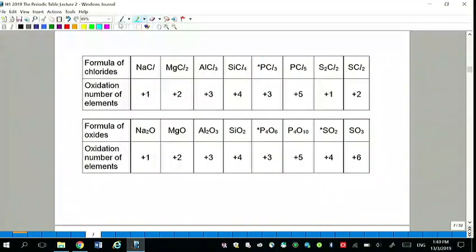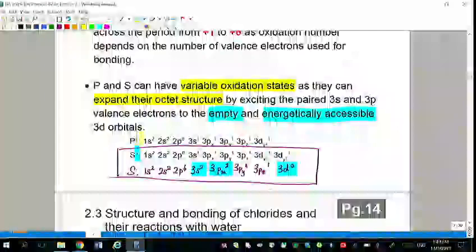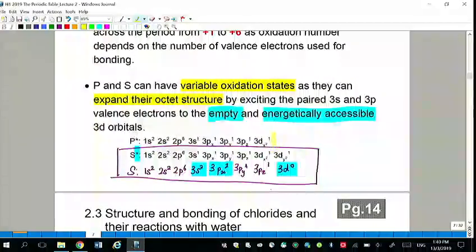But here I need you to start to see that if I compare phosphorus, you can see that it has +5 and it can also have a +3 oxidation number. The reason is what we have explained. It is the same for phosphorus: because of the presence of empty, energetically accessible 3d orbitals, the electrons in the 3s and 3p orbitals can gain enough energy to be promoted to the higher energy 3d orbitals.